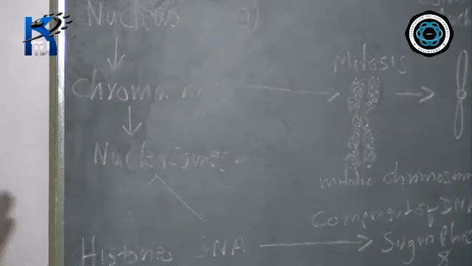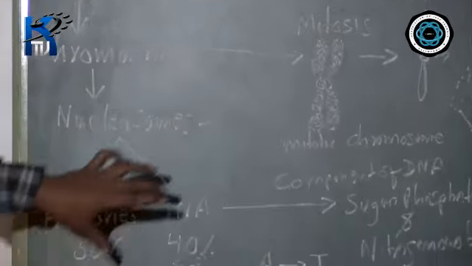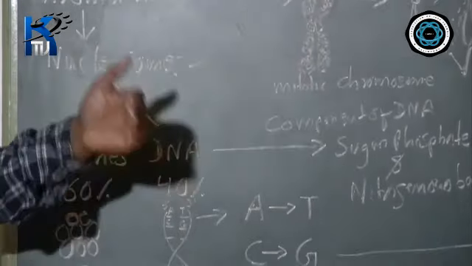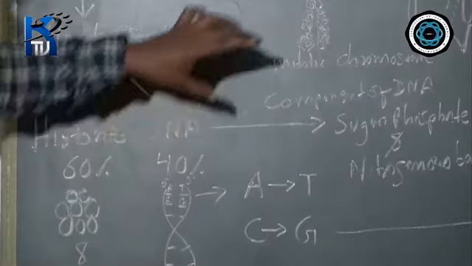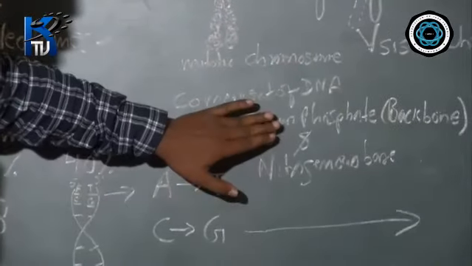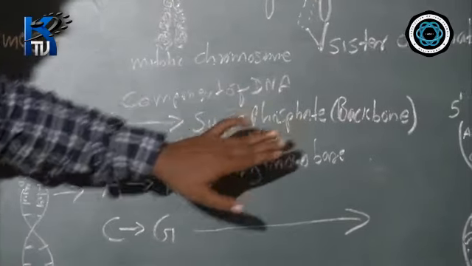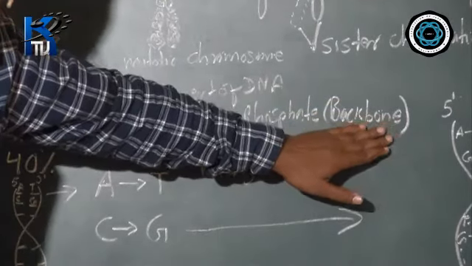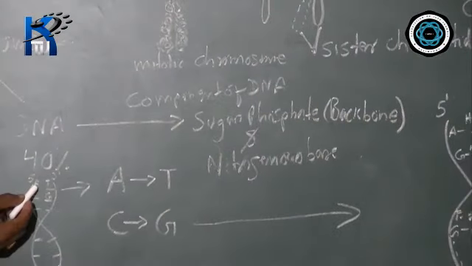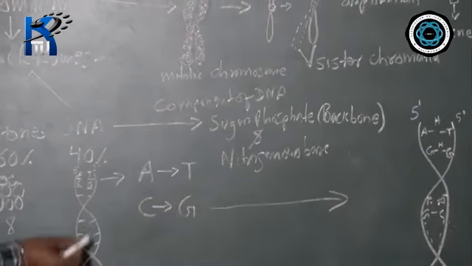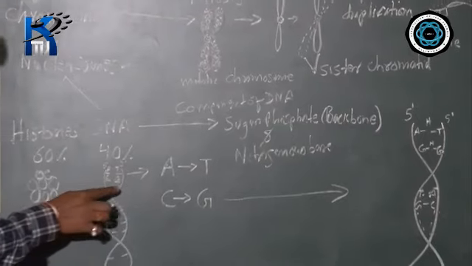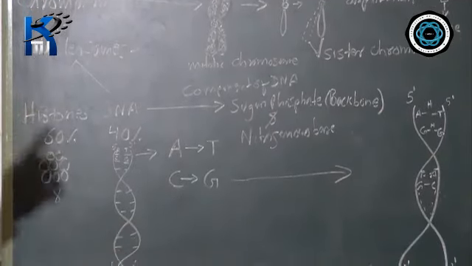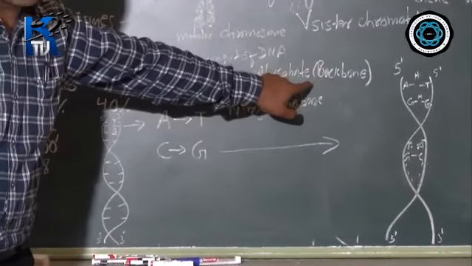Now, come to another part. When I talk about DNA, what is DNA made up of? The components of DNA are sugar and phosphate. Sugar and phosphate you call the backbone of DNA. The strands that you see, the filament-like structures, this backbone of the DNA is made up of sugar and phosphate.